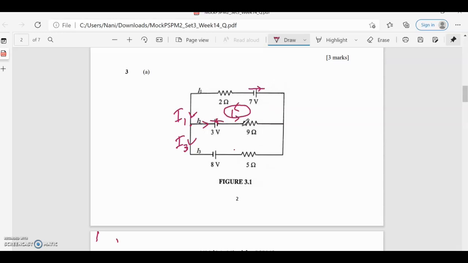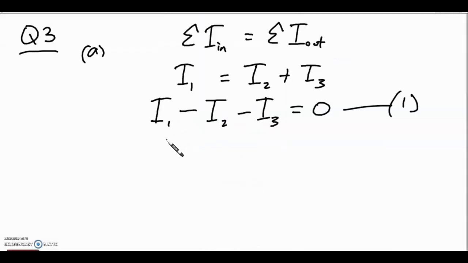Okay, and then let's apply Kirchhoff's second rule. The EMF 7 volt is in the opposite direction to the loop, so I just write the concept: total EMF equals total IR.